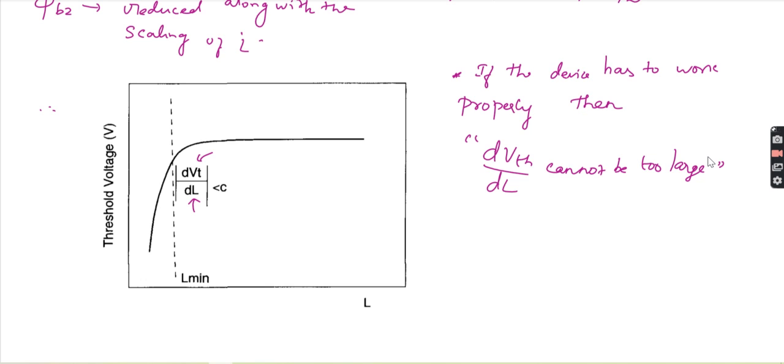That is a very important parameter. This will determine the minimum channel length, L minimum. It cannot go beyond that minimum channel length. This is about the VTH roll-off. That is the meaning of roll-off.